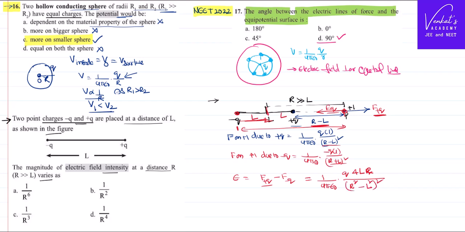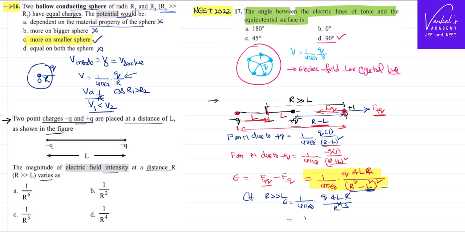This is the derivation. I am not deriving it, you can simply go ahead and derive it further, and it can be further proved that if R is much bigger than L, L square becomes much smaller, so I can ignore it. So the resultant intensity becomes 1 by 4 pi epsilon naught q 4L and R by R square whole square, it becomes R power 4, one R will cancel, R cube.